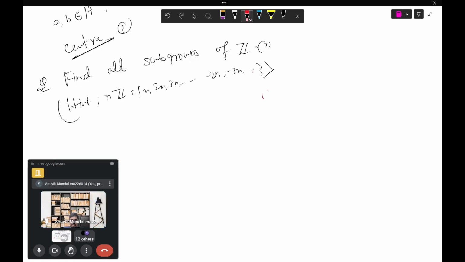So can we go by contradiction? It's better to go directly because you have already mentioned using the well ordering principle, right? So directly from that you can show this.